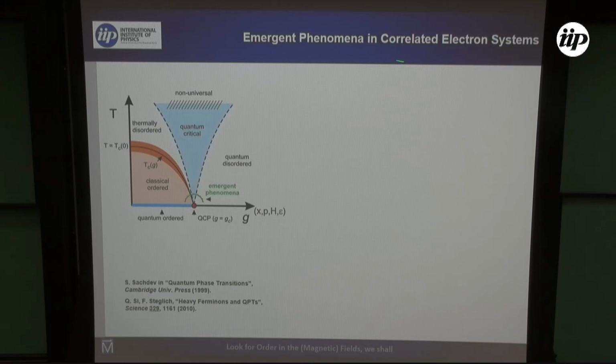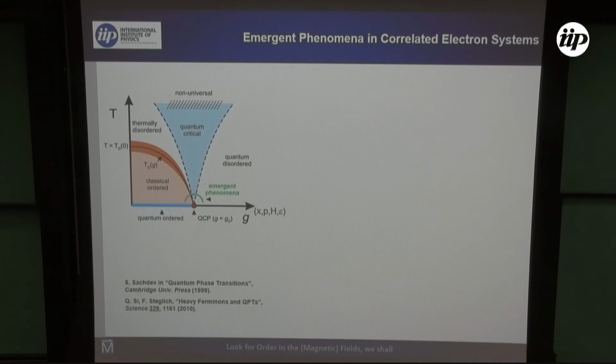Emergent phenomena in correlated electron systems in my group is studied in the context of quantum phase transitions that happen when you take a material that orders in zero magnetic field. This is the temperature, through possibly a second order phase transition that is suppressed using a tuning parameter. And this parameter can be the composition, the pressure, the magnetic field, or the strain.